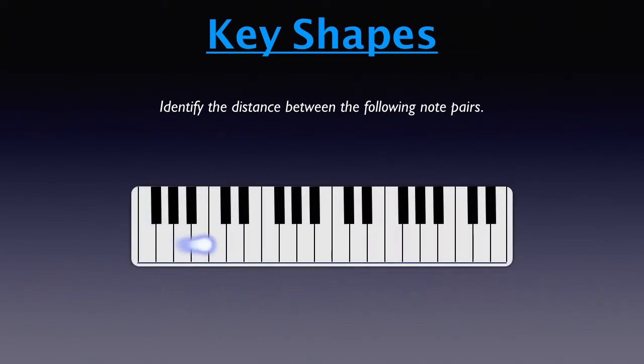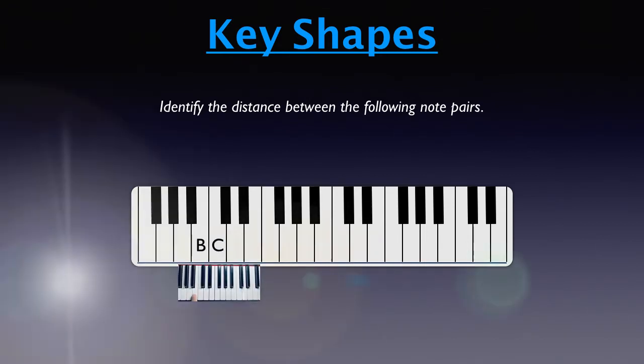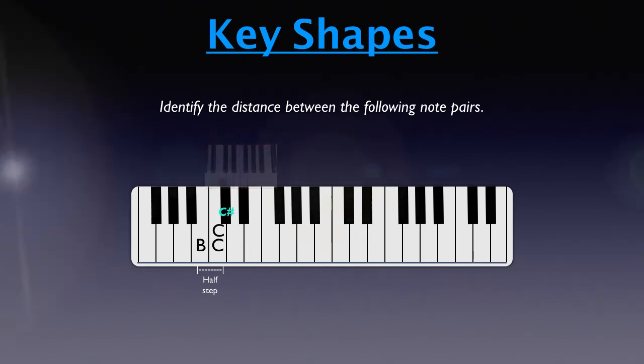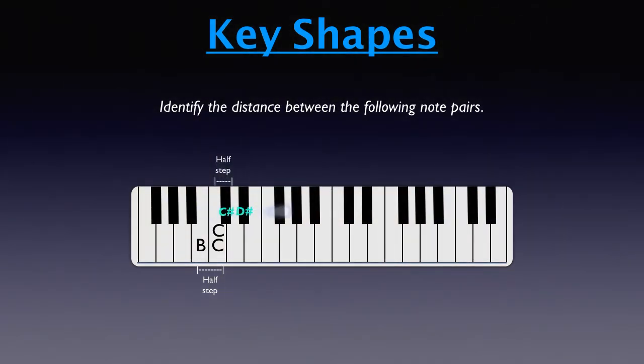Identify the distance between the following note pairs. B to C is a half step, of course. C to C sharp. D sharp to E. F sharp to G sharp.